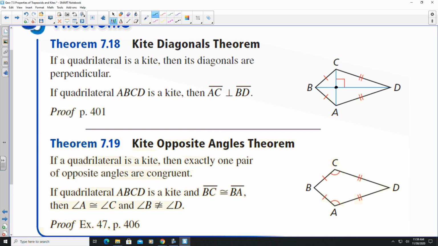And also, the opposite angle theorem states that the angles that share the non-congruent sides, like angle C is shared with BC and CD, they're not congruent, but AB and AD are also not congruent, but these two opposite angles are congruent. So that theorem states that.